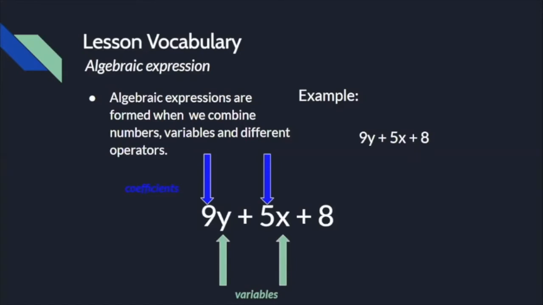Although you don't see any operation symbols between the numbers and letters, number 9 is being multiplied by y, or 9 times y, and the number 5 is being multiplied by x, or 5 times x.